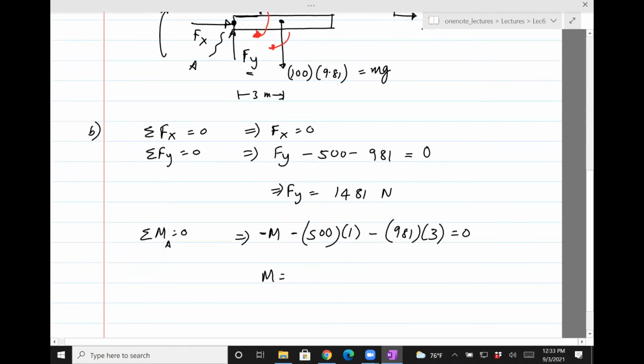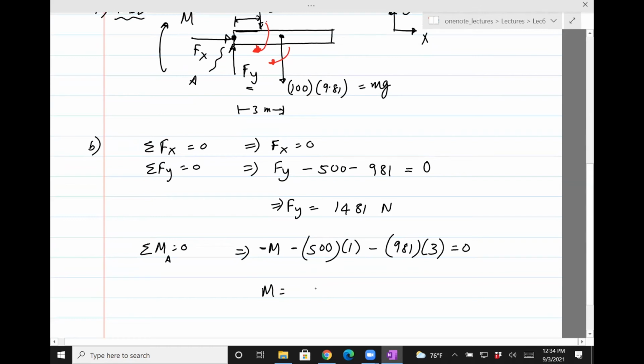So the moment is negative 3443 Newton meter.